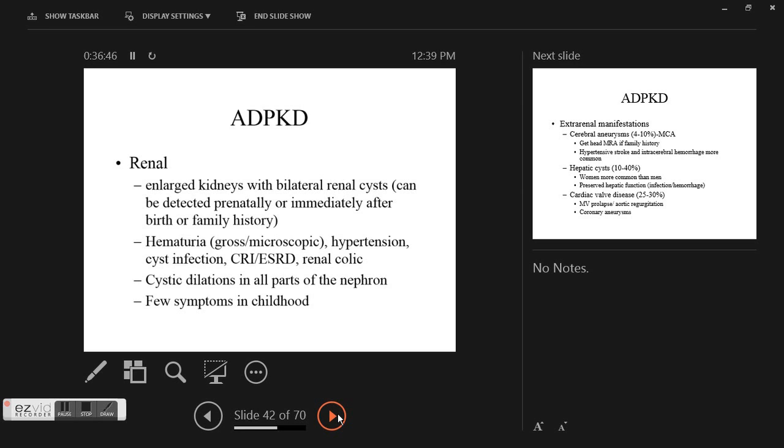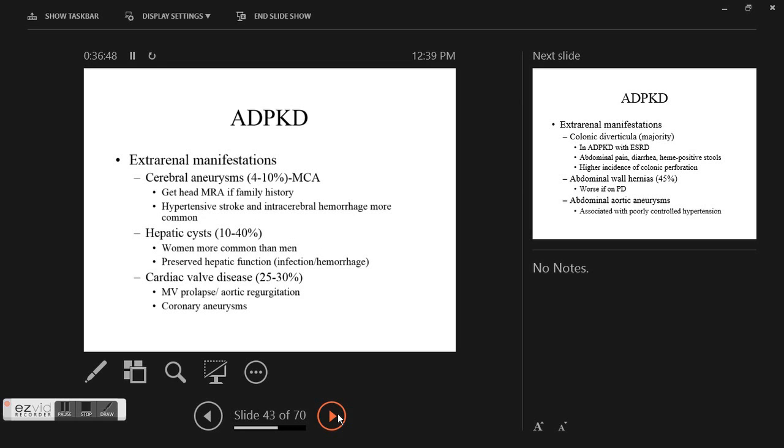Extra-renal manifestations, cerebral aneurysms is a big one. And again, they like that one because it's a double elimination question on boards. Hepatic cysts are present. They don't like that one because, again, don't want to confuse it with ARPKD. Cardiac disease, mitral valve prolapse is actually fairly common in these patients as well. For those of you that are mid peds, we do screen for these as well, and a good family history.